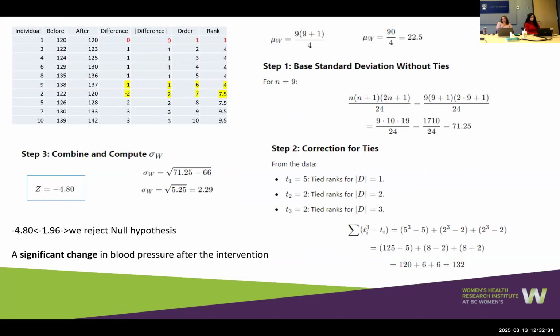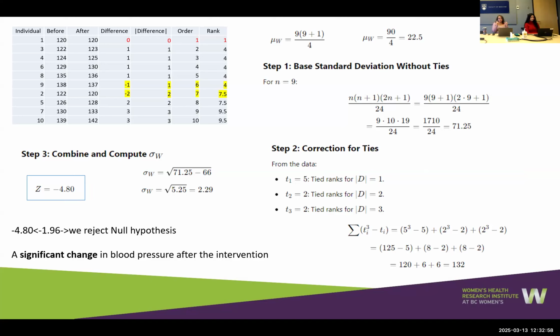So here I plug the numbers into the formula. I calculated the mean and the standard deviation, and it's step 2 of the formula, because we have ties where the differences are equal.